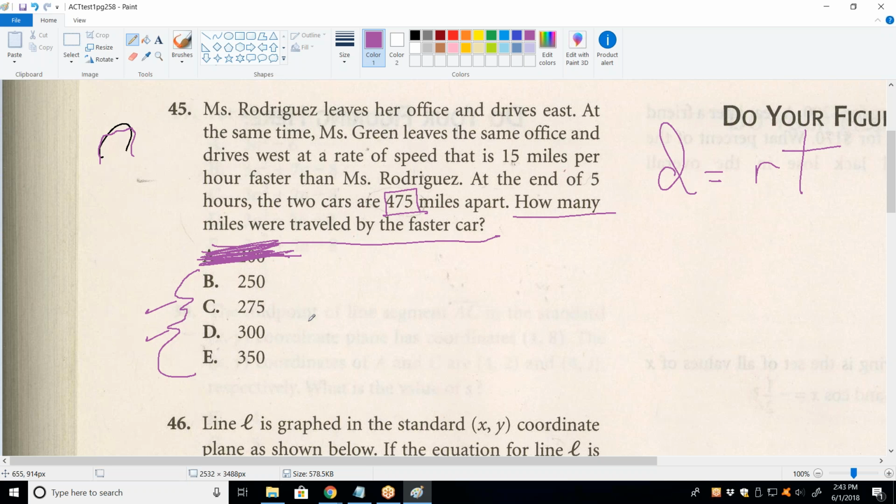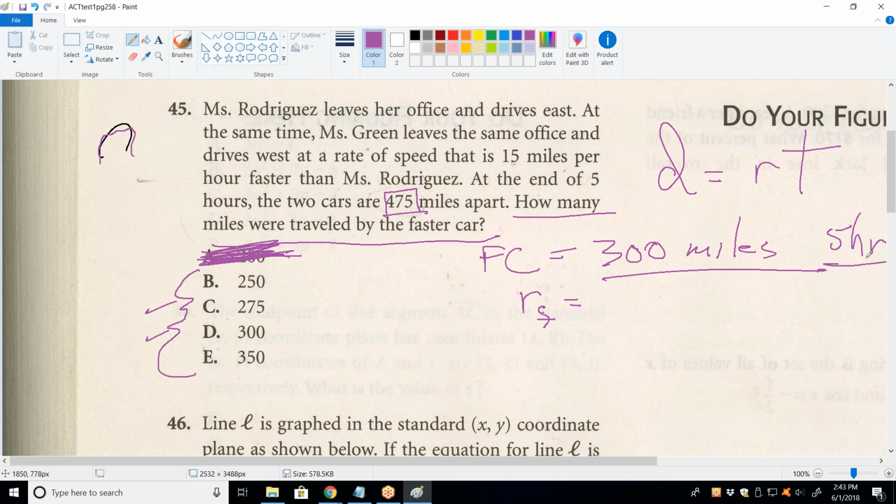D probably. Okay, so we're going to assume the faster car goes 300 miles. And that was in 5 hours. What's its speed? The rate of the fast car is what? If it goes 300 miles in 5 hours, what is its speed? 60. Okay.